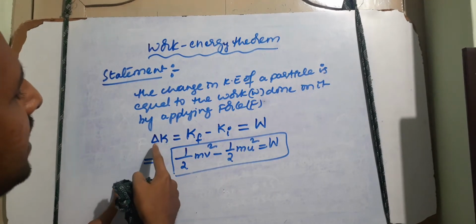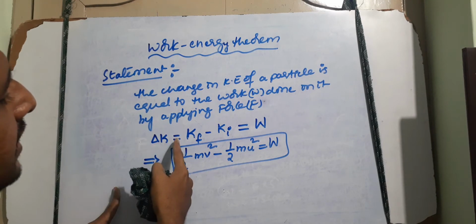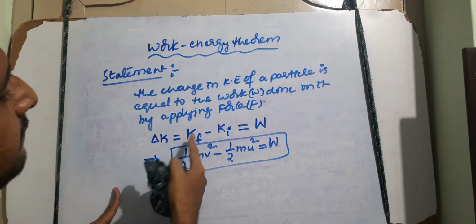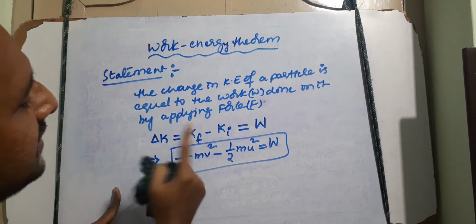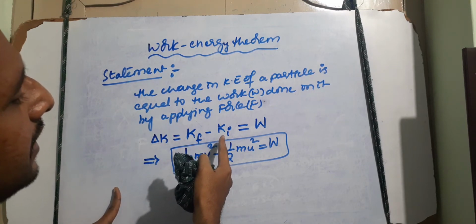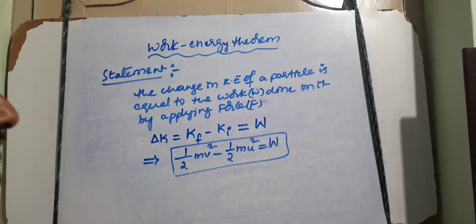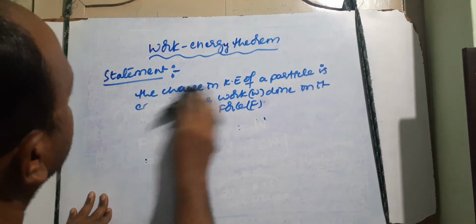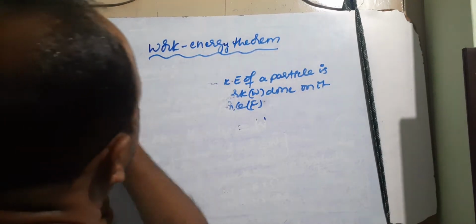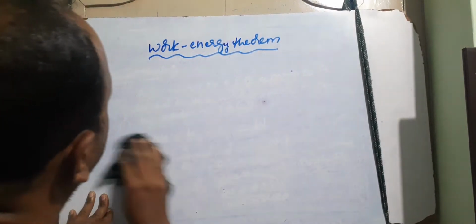The change in kinetic energy, delta K, is equal to the difference between final kinetic energy Kf and initial kinetic energy Ki, which is equal to work done W. Now for the proof, we are going to prove the work energy theorem, students.